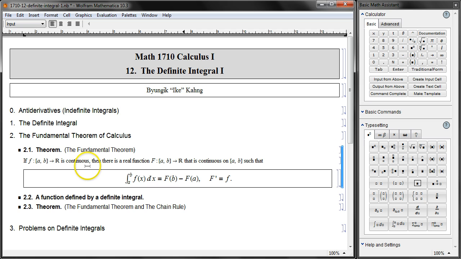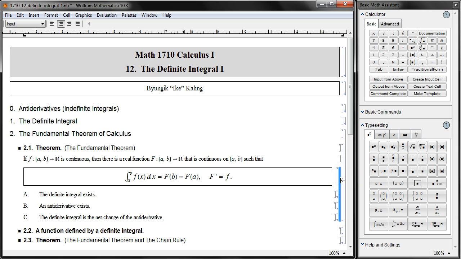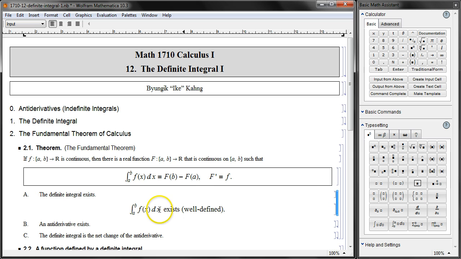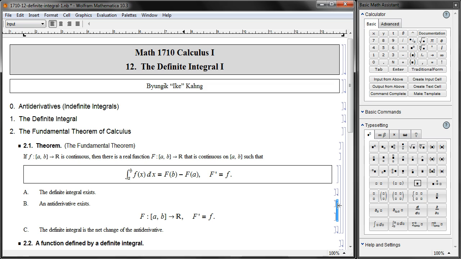It goes like this. We begin with a continuous real function, small f of x, defined in a closed and bounded interval a to b, and this theorem has three parts. Number one, the definite integral exists. You see, in order to have any kind of computation, this should exist. Number two, an antiderivative exists.